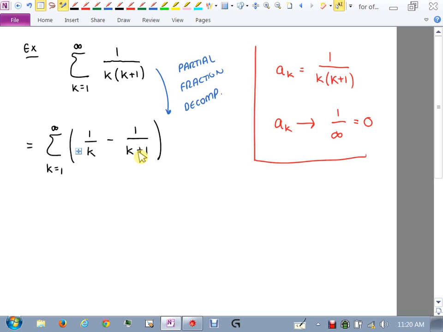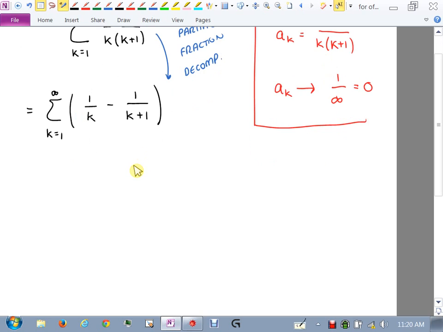So the way a collapsing or telescopic series will be handled is by starting to list out what the nth partial sum is. Imagine if I were to take this sum, I'm going to stop here and investigate the nth partial sum.